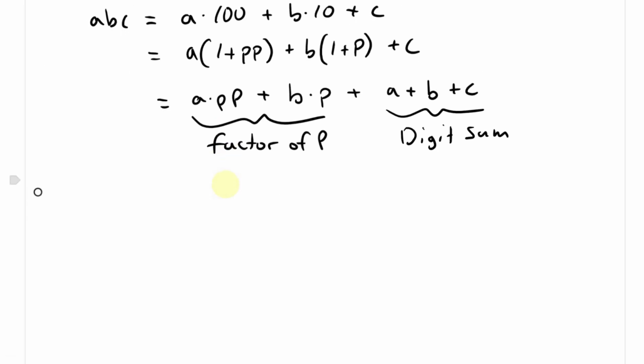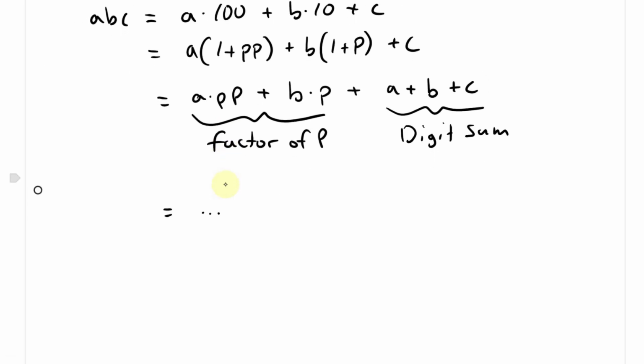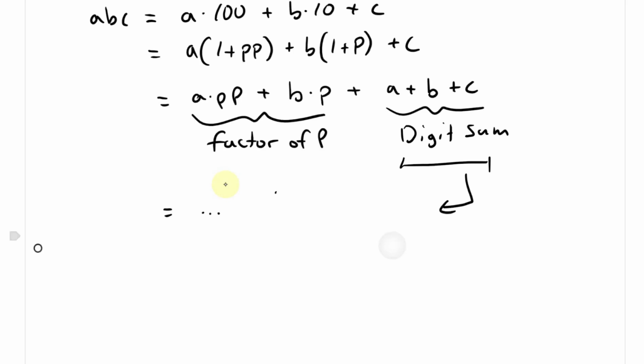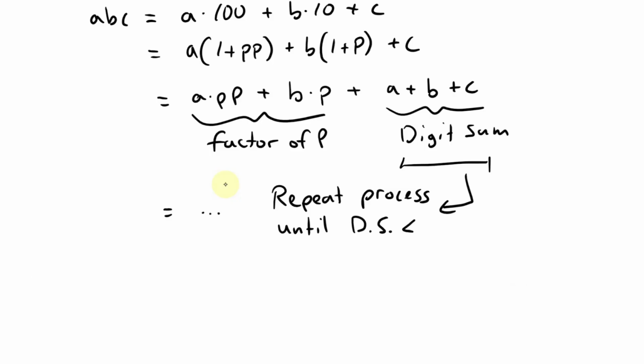And then we repeat the same process. This equals dot dot dot, and this is going to be a repeat. Repeat the process until the digit sum is less than 9.